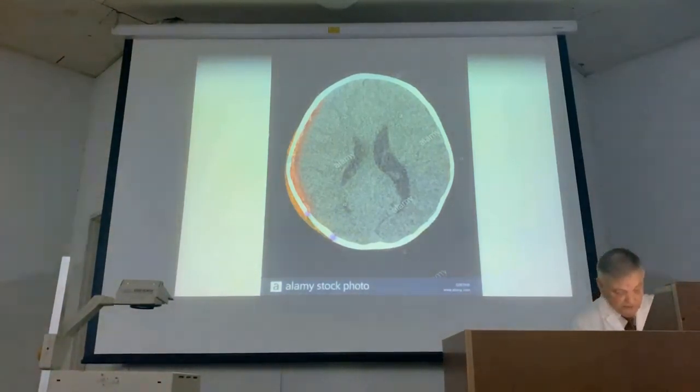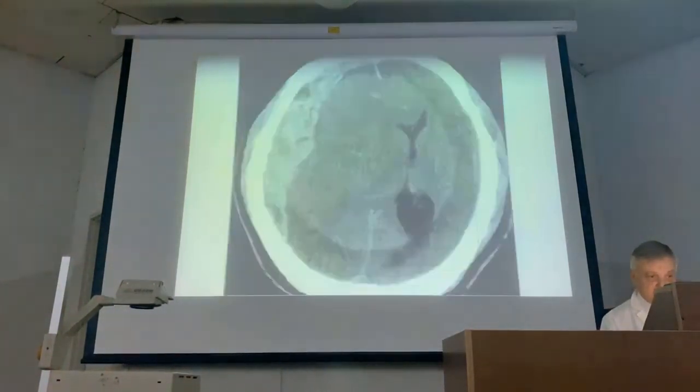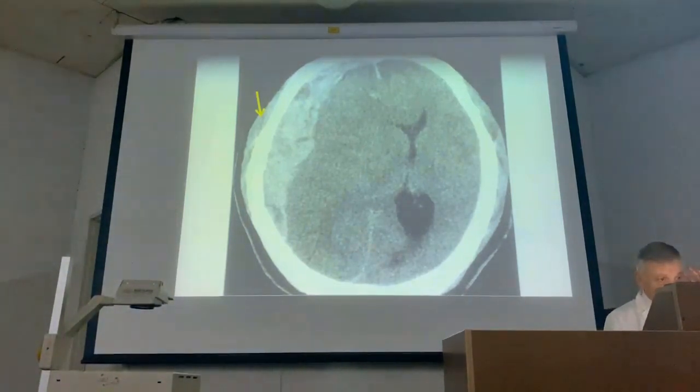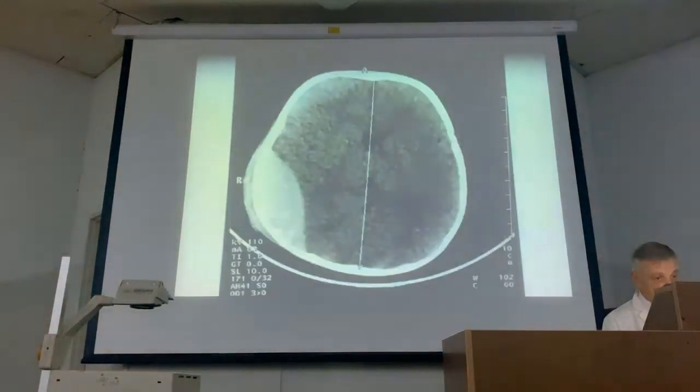Now, how do we know whether the hematoma has gone inside the brain or not? The answer is CT scans. Here is a small hematoma on the outside, but you can see it has dissected its way to the inside of the skull, and it is compressing the brain.